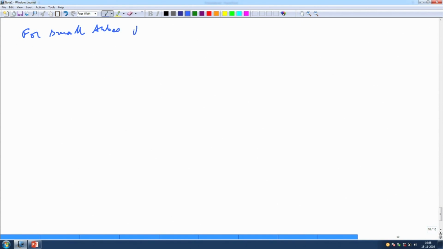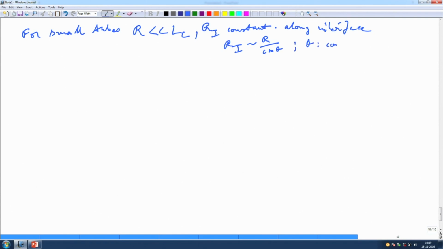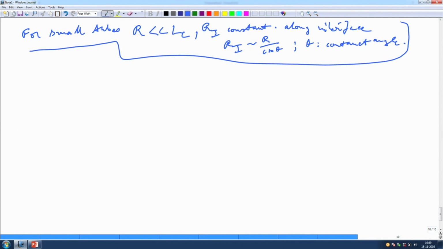For small tubes, the radius of the tube is much less than L_C, which is basically the capillary length, and R_i is constant along the interface, and its value is basically given as r over cos theta, where theta is whatever the contact angle is that it makes. So, for small tubes we can write a slightly simplified version.